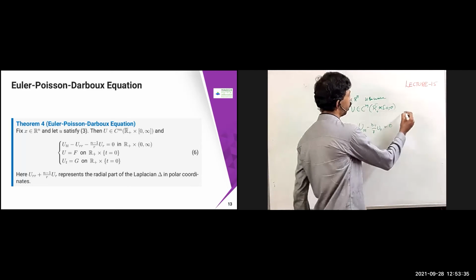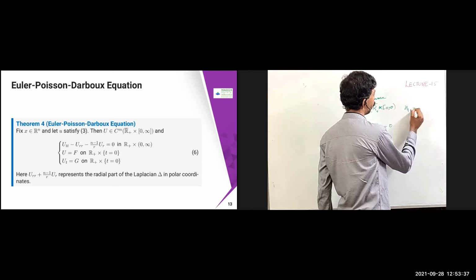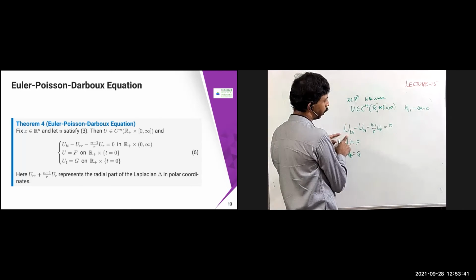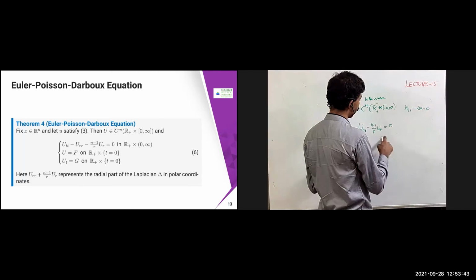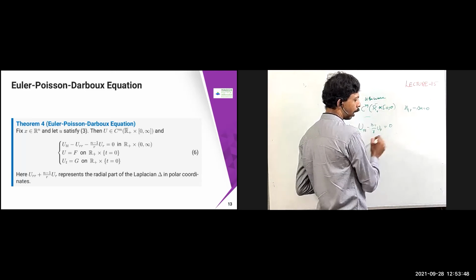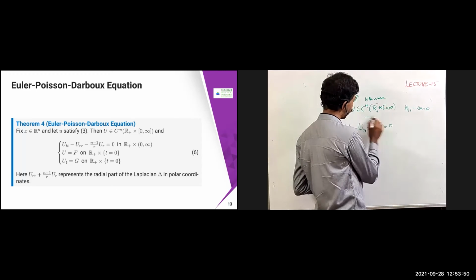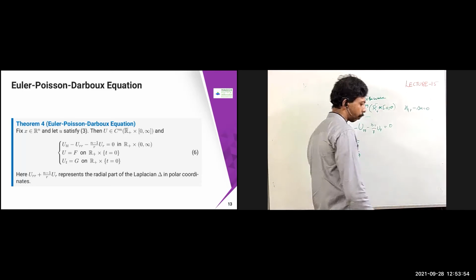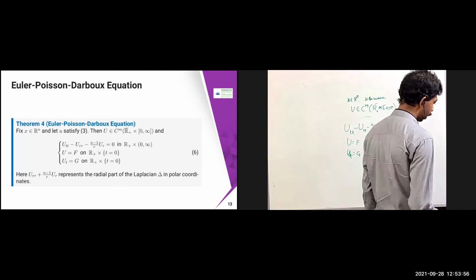Because in the original equation you have u_tt minus del u equal to 0. Corresponding to u_tt you have capital U_tt, but for del u you have an extra term. So this is the radial part of the Laplacian in polar coordinates. So let us prove this theorem.